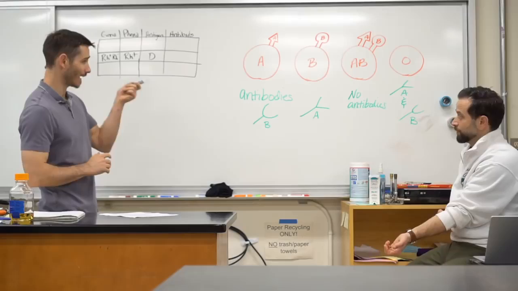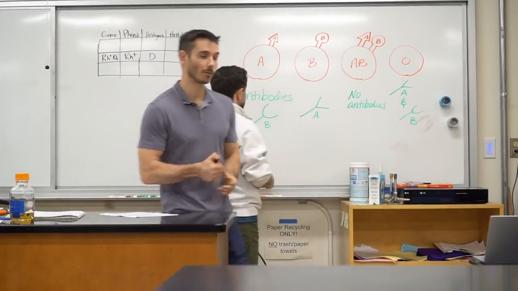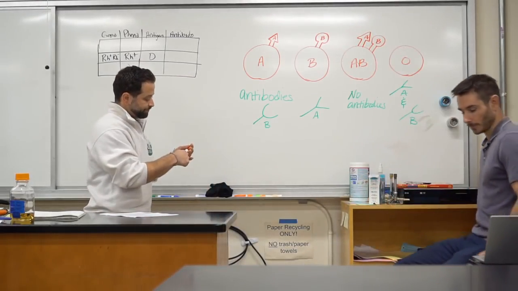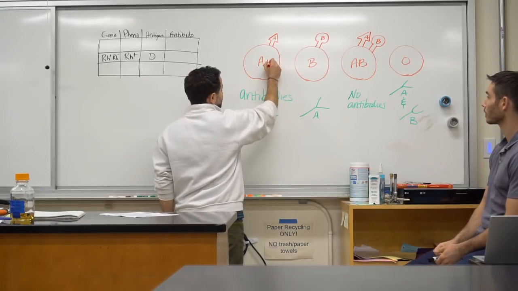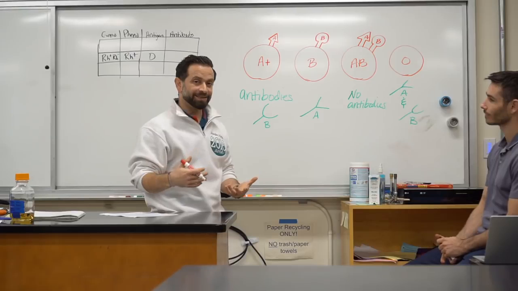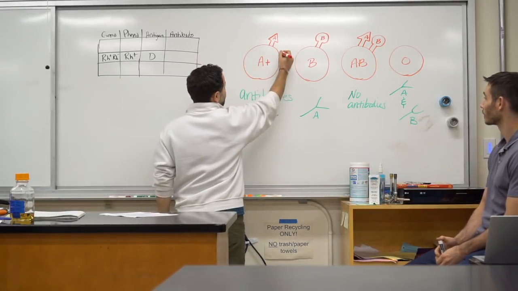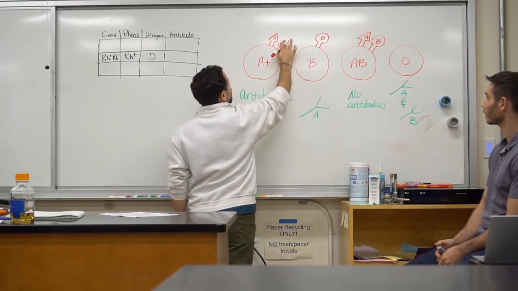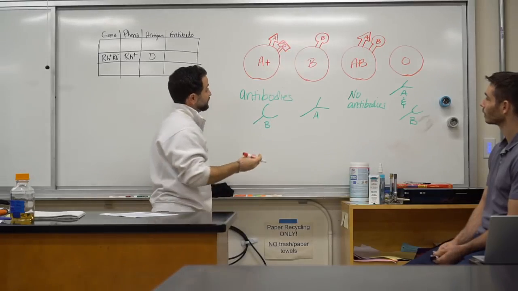So do you want to draw that on our blood cells just to complete that diagram? You could flip it over back to your diagram to complete this. So let's say that this first one is A positive. By the way, please stay away from saying A plus or A minus because these aren't grades, they're blood types. So A positive is going to have a D antigen.